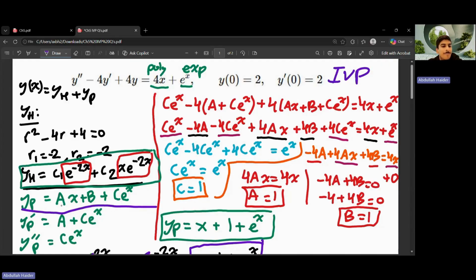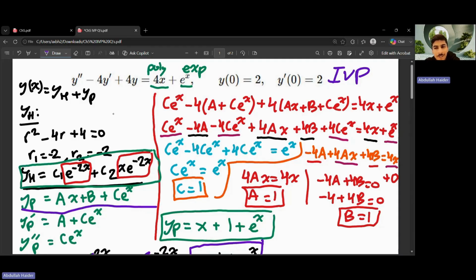So to find a, b, and c, you take the first derivative and the second derivative, and then you substitute y double prime, y prime, and y into the main equation, expand, then, as I said, you equate the exponents with the exponents, and the polynomial with the polynomial.